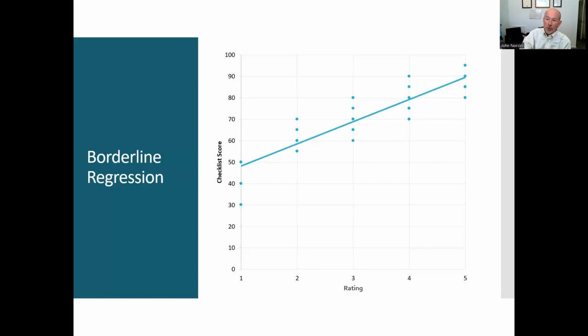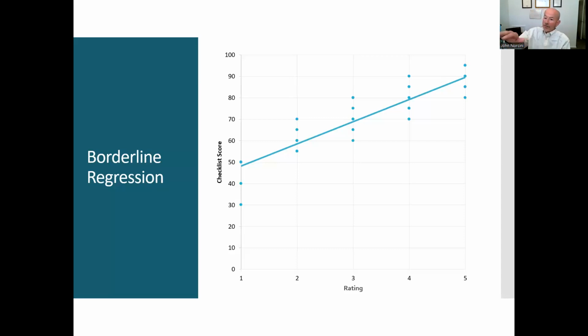In this little example, those trainees had checklist scores of 30, 40, and 50. Then for those rated 2, there were 4 of them, with scores of 55, 60, 65, and 70. At a rating of 3, there were 5, with scores of 60, 65, 70, 75, 80, and so on.